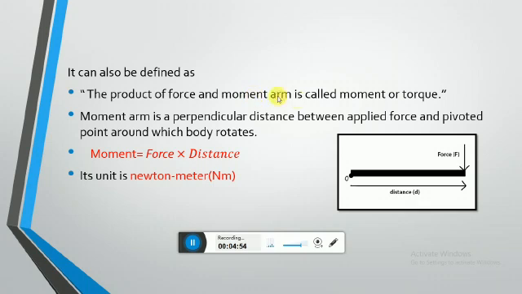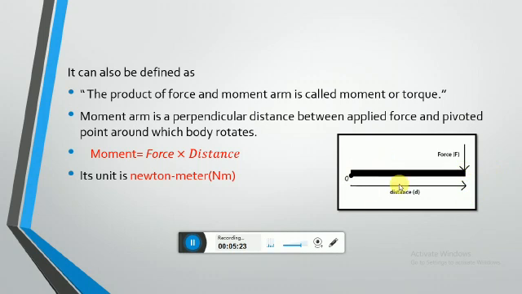Question is, what is moment arm? The moment arm is a perpendicular distance between the applied force and the pivoted point around which the body rotates. Let's suppose here we have a rod. This O is a pivoted point around which the body rotates, and here we applied a force.